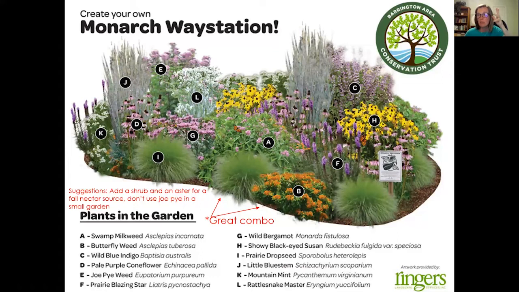And that's awesome. Variety is what we want because they're all going to occupy the below soil space in different ways. And that's what we want because then they can coexist. They're not going to compete with each other in a harmful way. So some of them, like those little purple coneflowers there, D, the pale purple coneflowers, they have a deep taproot.